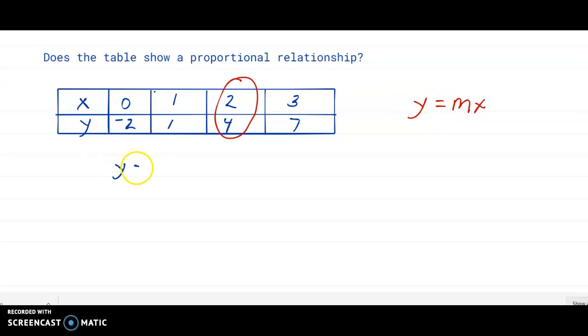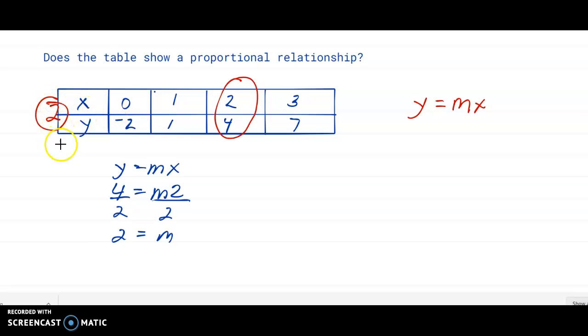So if y is 4 and x is 2, then we're going to solve for m. We want to isolate this variable. So we're going to divide both sides by 2. So m equals 2.